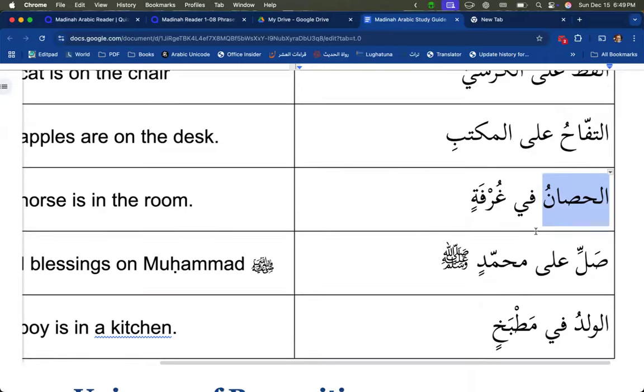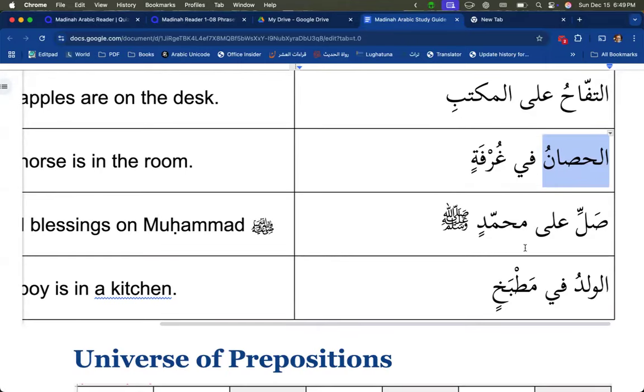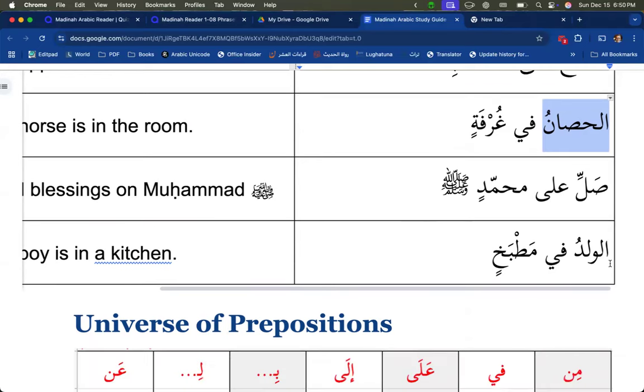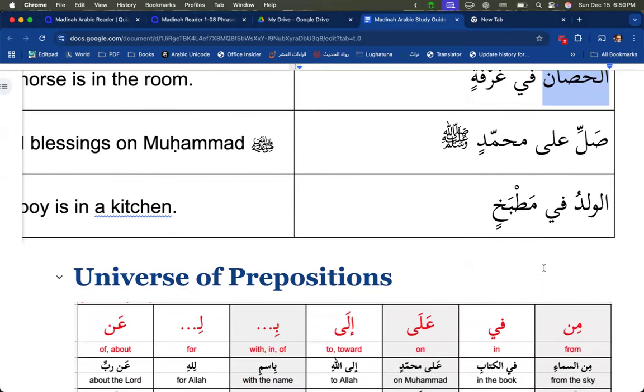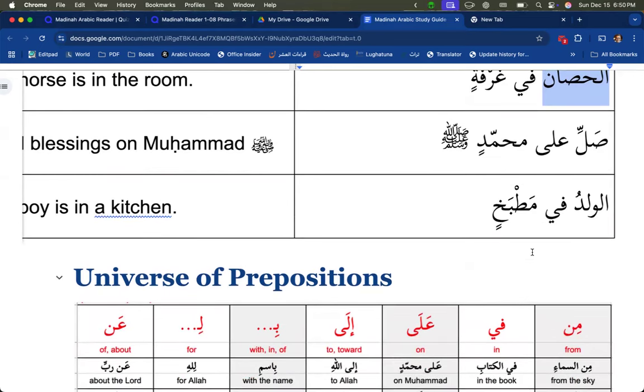It's okay, no problem. صل على محمد صلى الله عليه وسلم. Okay. الولد في مطبخ. The boy is in a kitchen. That's fine, you can say in the kitchen, sure. في المطبخ. Yeah, it becomes المطبخ.